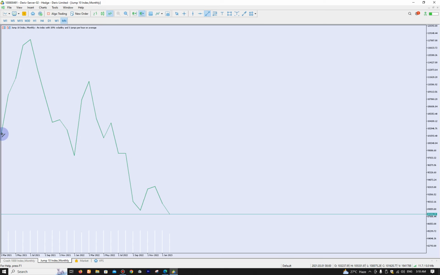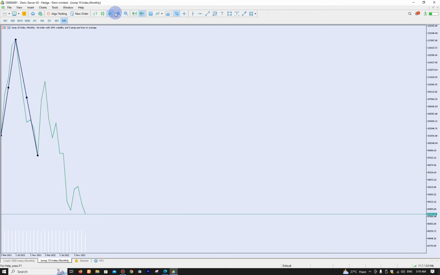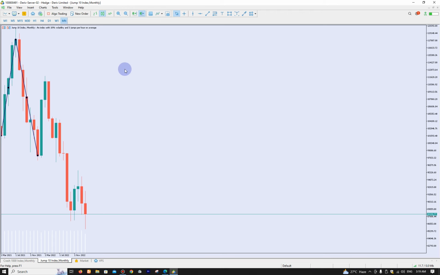This is an impulsive move, and from the bullish move we have a strong downfall. If we turn it to the candle pattern, the trend finally changed here, and we have a strong corrective move and another impulsive move down.